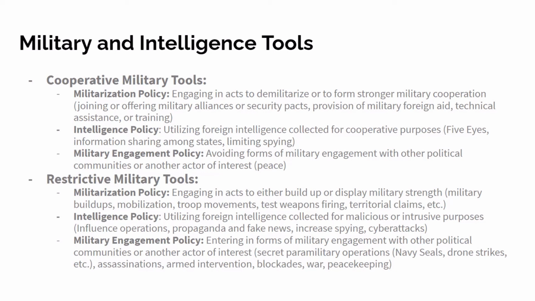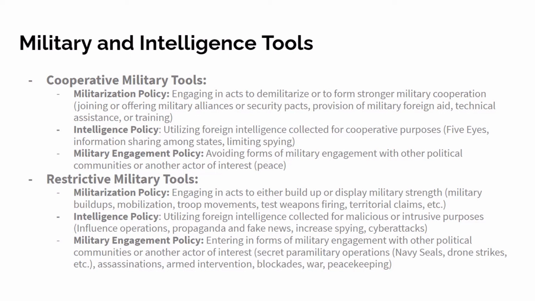Intelligence policy looks like utilizing foreign intelligence collected for malicious or intrusive purposes. So, for example, influence operations, propaganda, fake news, increased spying, cyber attacks. These are all really relevant things happening now. That's an example of what Russia is doing a lot of. So that's a restrictive military and intelligence tool. And then lastly, military engagement policy, right?